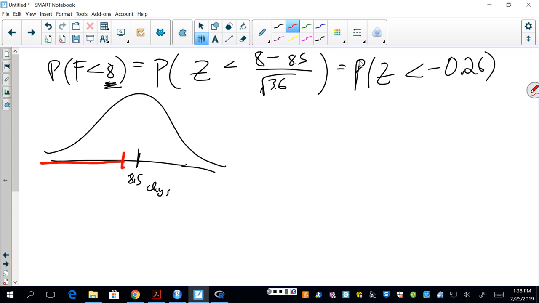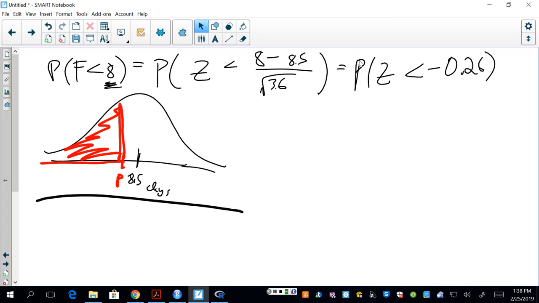So it's less than halfway, and that's why it's negative. The z-score here is the corresponding value of negative 0.26. If you're thinking about this, our answer has to be less than 0.5.